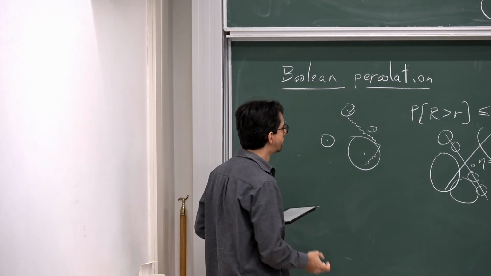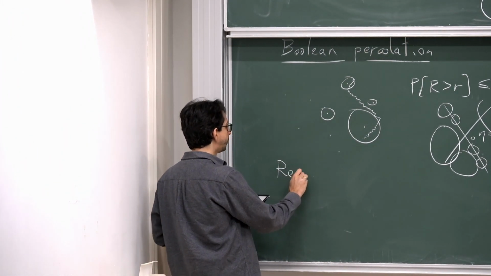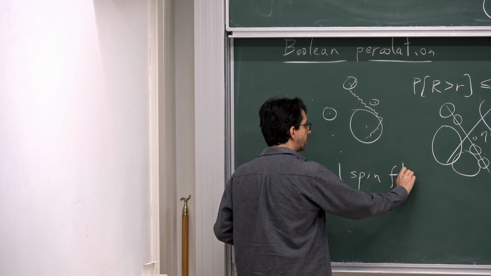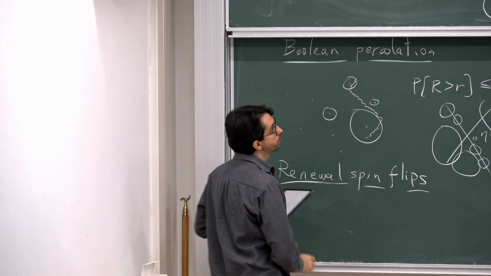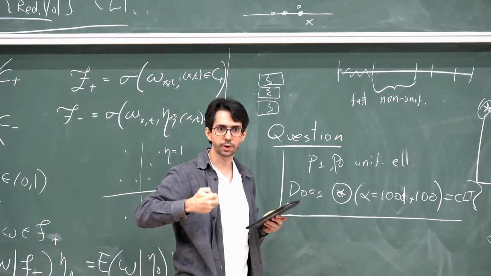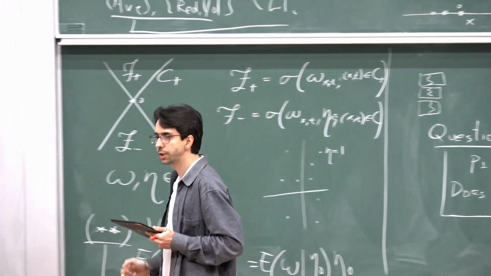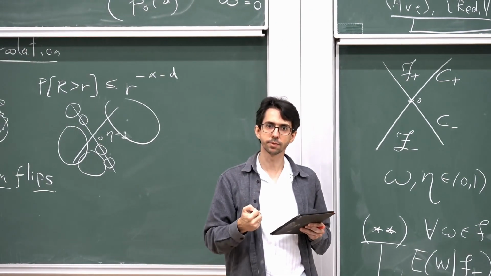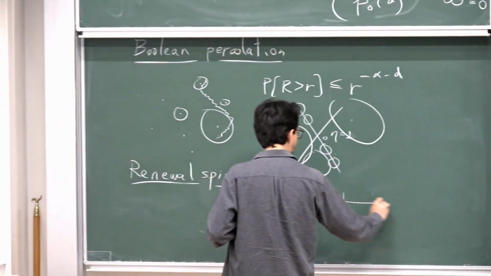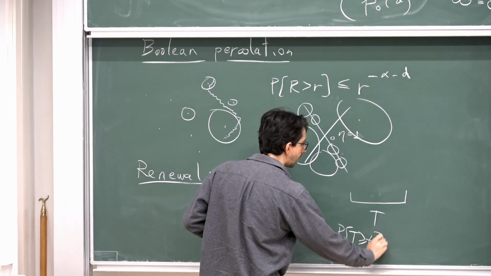Another example is renewal spin flips. So for example, I mentioned spin flips as an example of uniform mixing, where every site has a Markov chain on 2 states. Imagine that this Markov chain that every site has flips according to a renewal time for which the inter-arrivals satisfy a similar hypothesis.